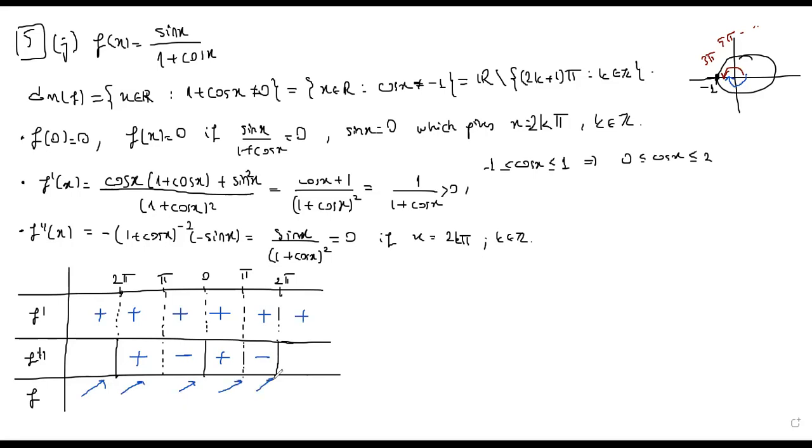On its interval, it's always increasing. And what about these parts? It's upward, downward, upward, downward. It will go like this, okay? Downward, and then upward. But it's always increasing. Okay, so let's sketch the graph of this function now.